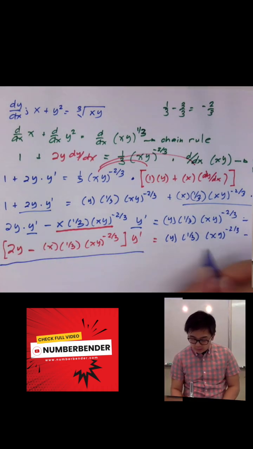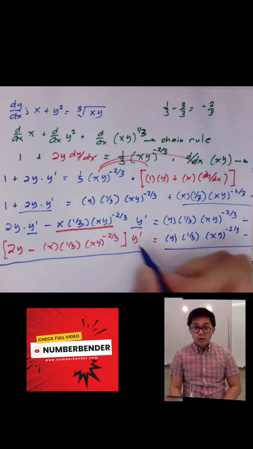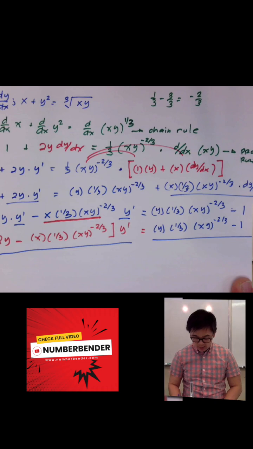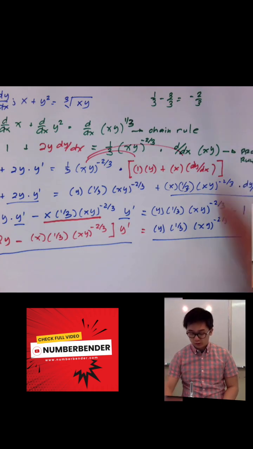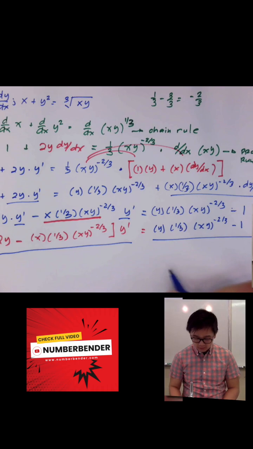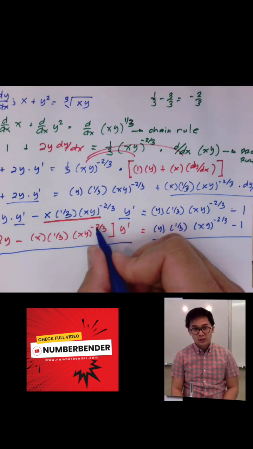So all I need to do is to isolate y prime by dividing it by this term right here. I know it's quite large, but there's nothing else we could do about it, because it's still going to be a huge solution even if we change this into radical. So let's just leave it as fractional exponent.